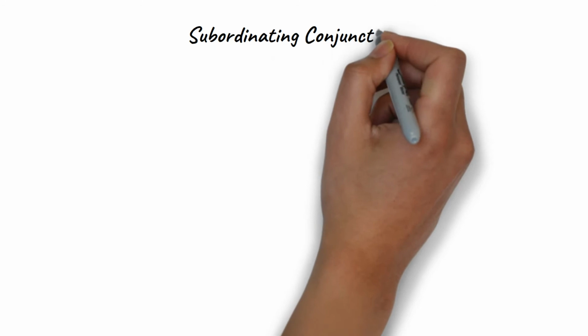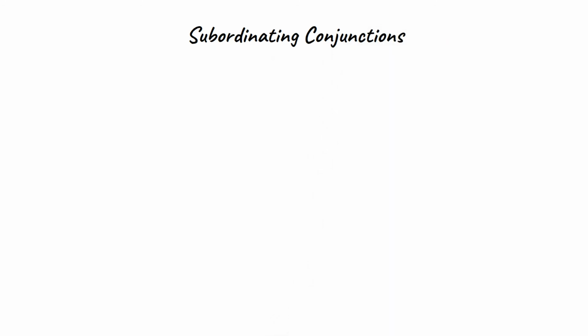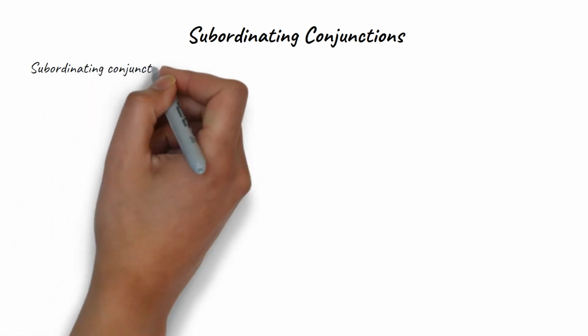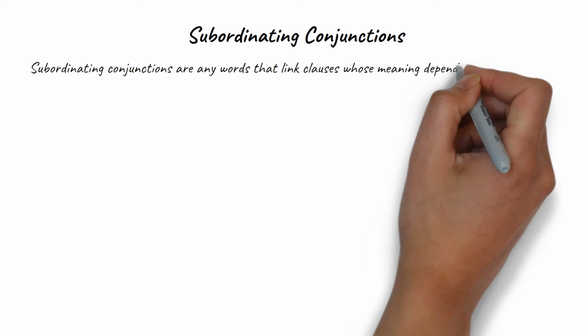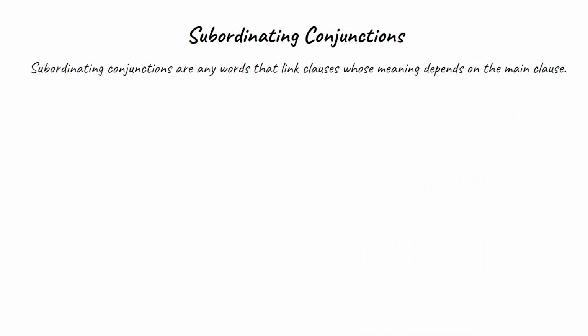With subordinating conjunctions, however, you have to repeat the subject. Subordinating conjunctions are words that link clauses whose meaning depends on the main clause. To simplify, there are only 7 coordinating conjunctions. Any other conjunctions are subordinating. The clause a subordinating conjunction introduces is called a subordinating clause.